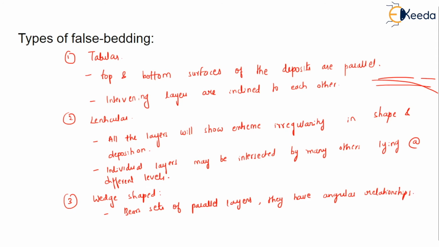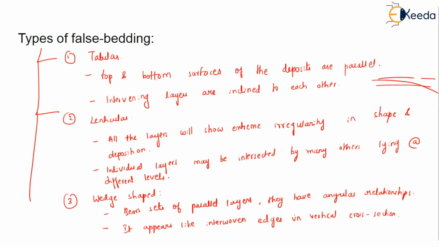Also, how does it appear? It appears like interwoven edges when it is seen in vertical cross section. So there are three important types: tabular, lenticular, and wedge shape.